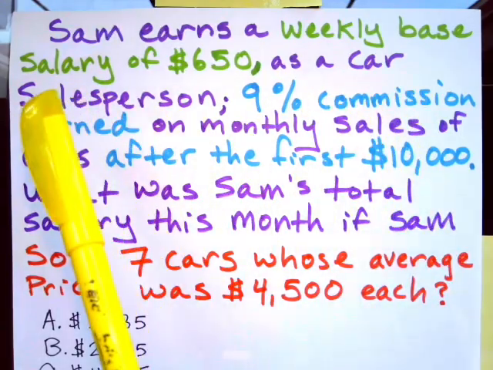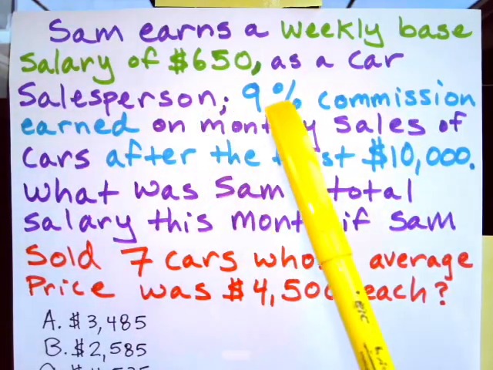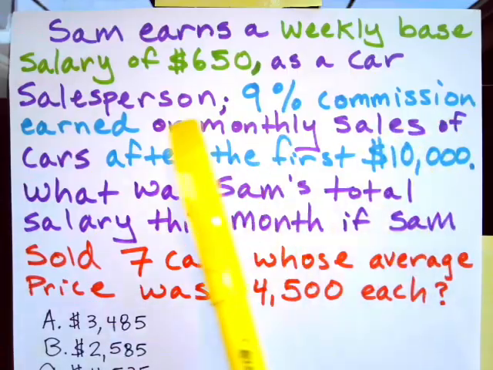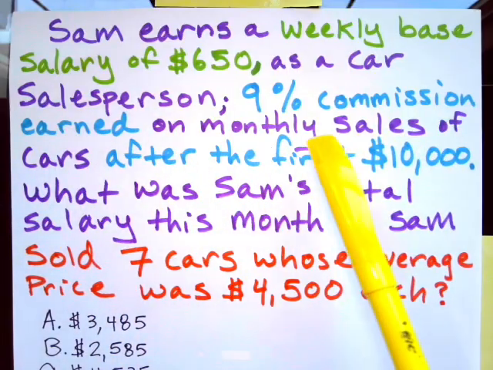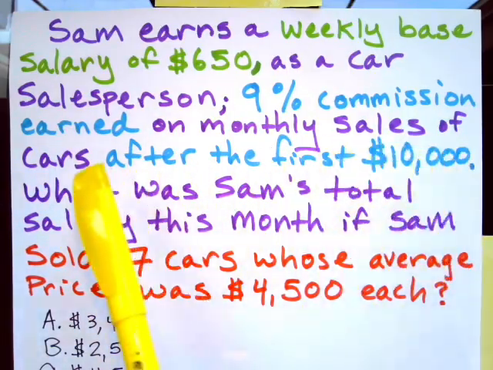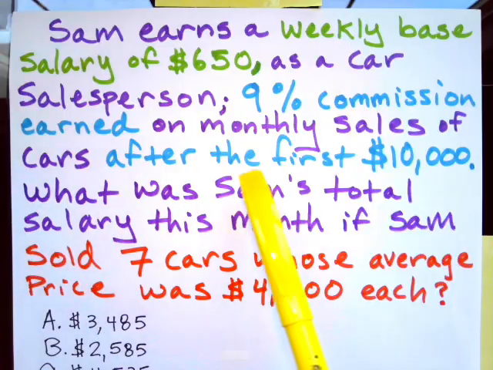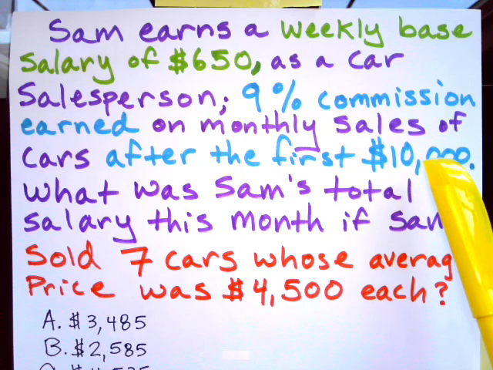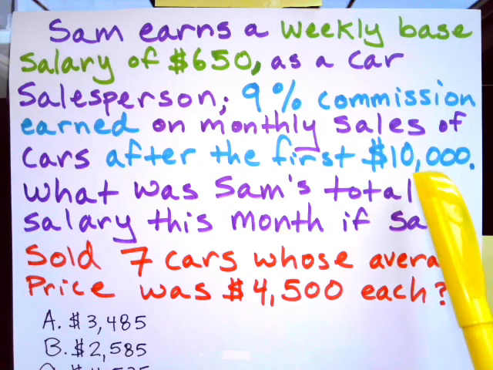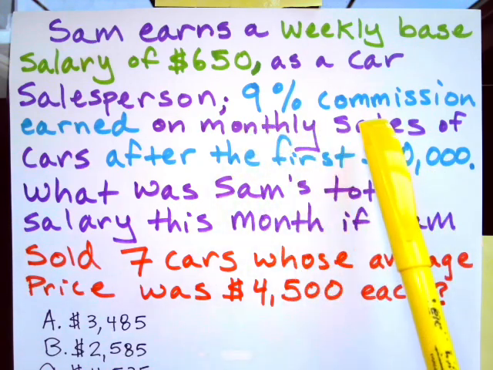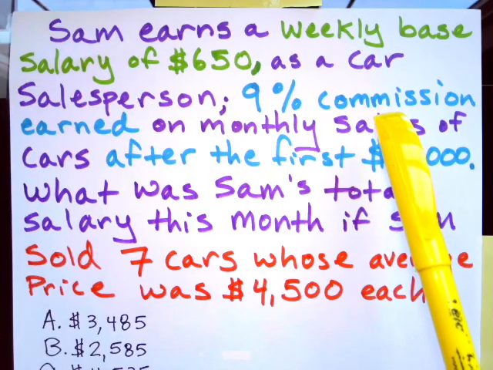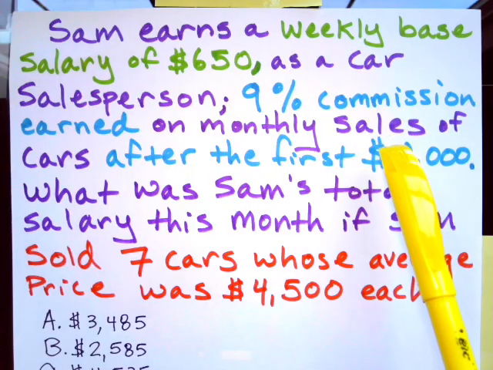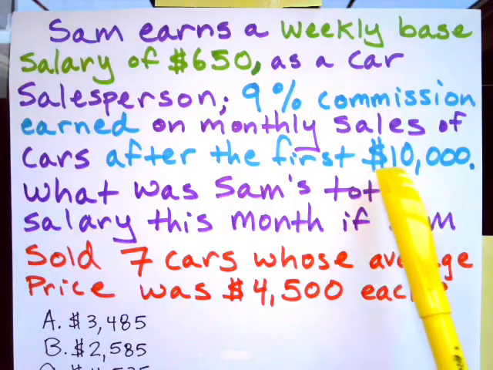As a car salesperson, 9% commission earned on monthly sales of cars after the first $10,000 has been earned. So Sam earns a 9% commission on the value of the cars sold after the first 10,000.